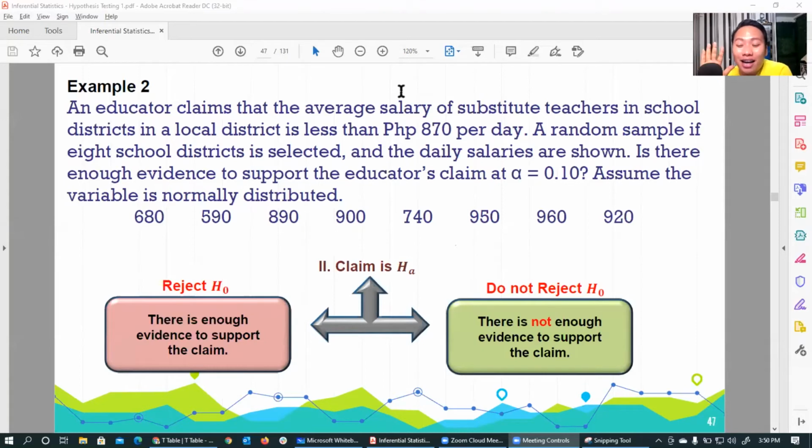Don't rush the concept. There is another test that uses df, which is ANOVA. But this time, based on our discussion so far, use degrees of freedom if you're using t-tests. Are we good?